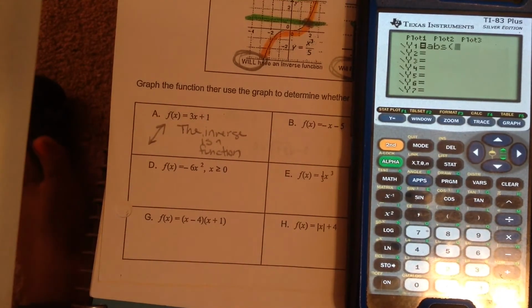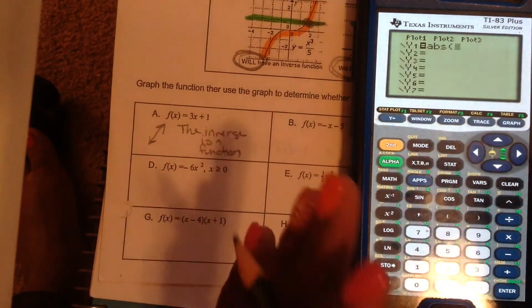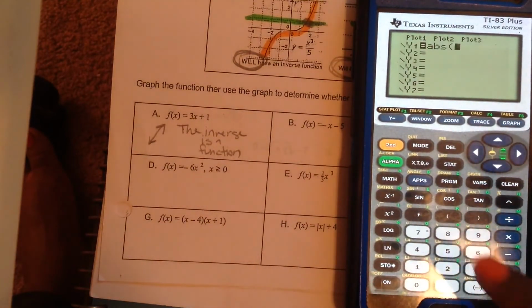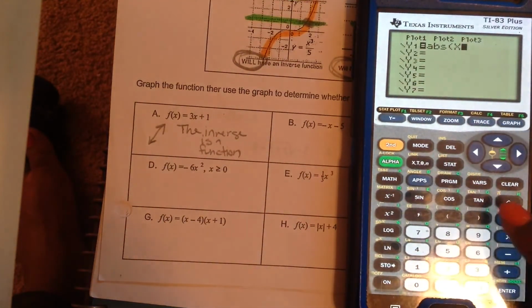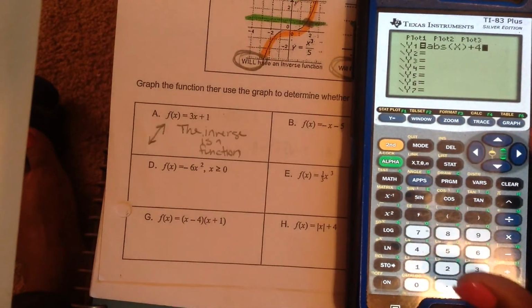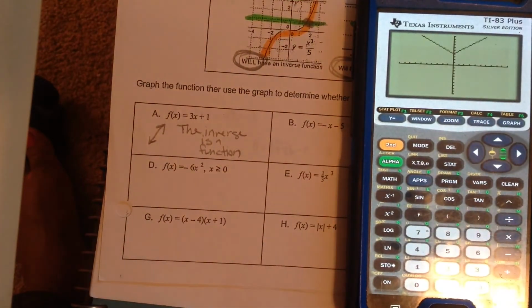Some of your calculators are going to give you the absolute value brackets, and some of them are not. With this one, it does not, but either way, we're going to put x. So find the absolute value of x plus 4, and then we graph it.